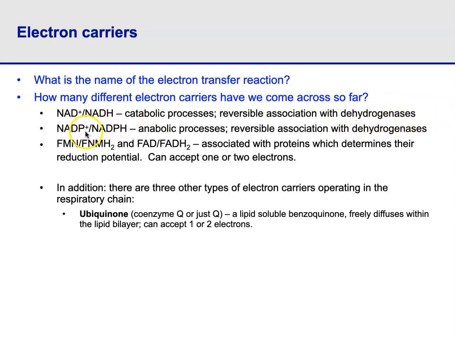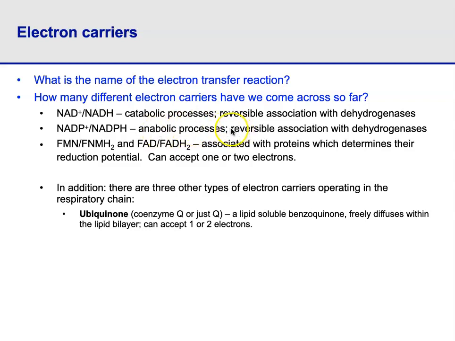We also have heard, even though not very often at this point, about NADP+ and NADPH electron carriers. They're primarily involved in anabolic processes. We've talked about them in the pentose phosphate pathway though, and also in the process of fatty acid degradation, the polyunsaturated fatty acids, if you remember.